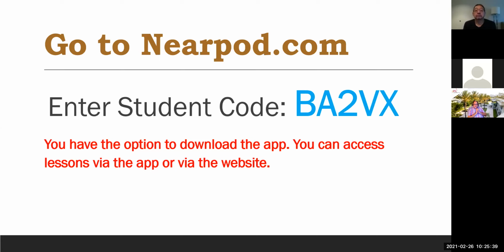So if you're brave, I already created a Nearpod lesson for you using this code. If you open up a browser, type in nearpod.com, go to the student box, put in this little code, and it will show you a Nearpod lesson. And you'll be able to see what that would look like.